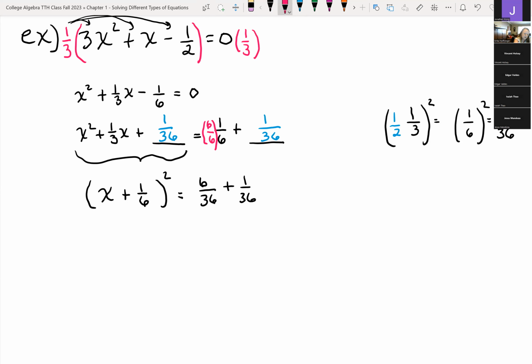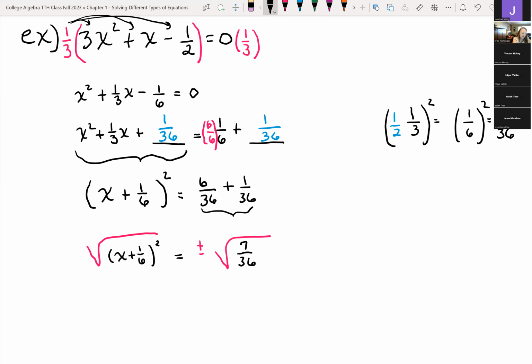Now taking the square root of both sides of our equation, we get the square root of x plus 1/6 quantity squared is equal to plus or minus the square root of, let's just sum these together and put it under the radical, so 7 over 36.